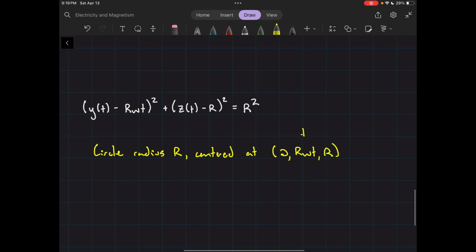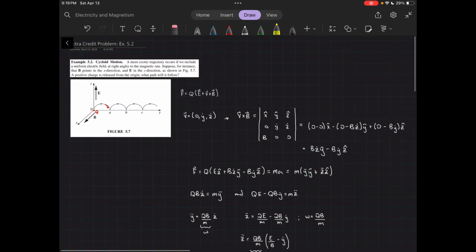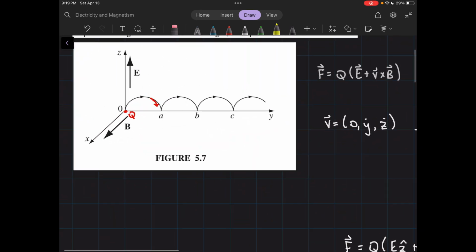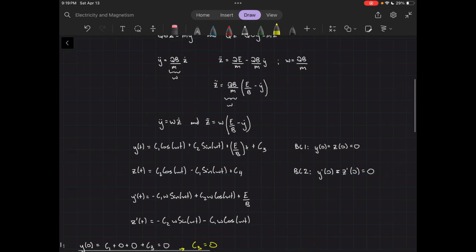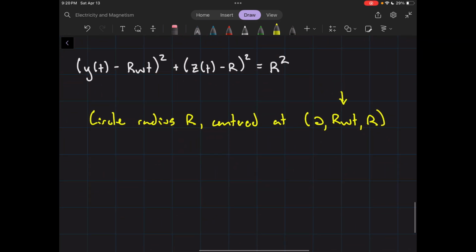As you can see, the center of this circle is going to be moving with time along the y-axis, which is why we have that there. So it's traveling in the y direction at a constant speed.